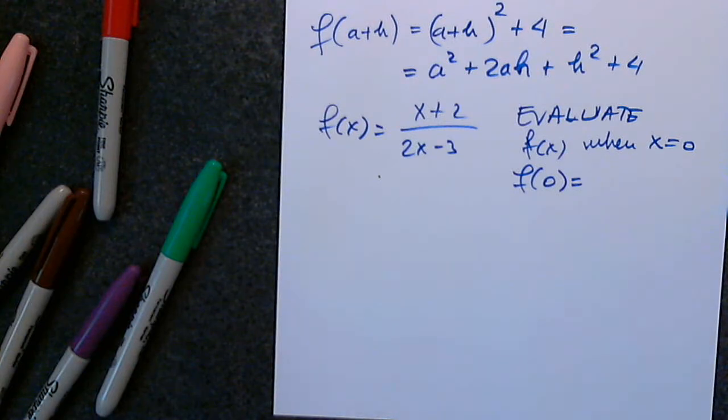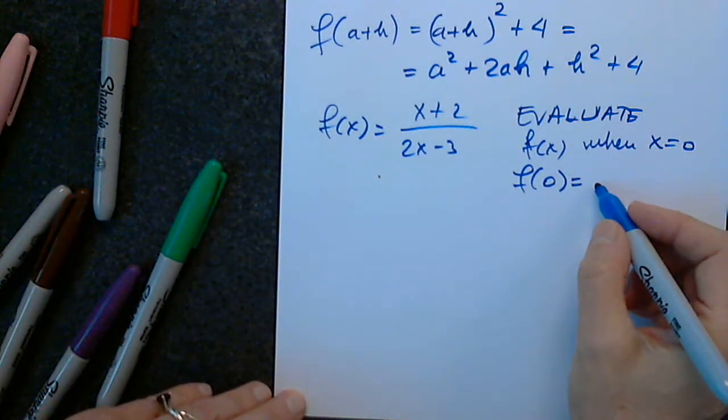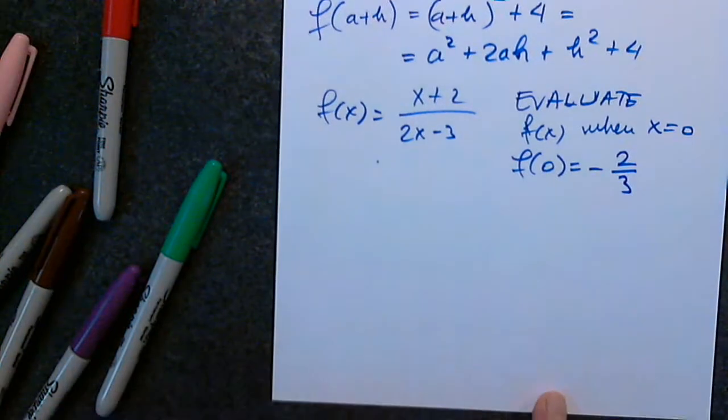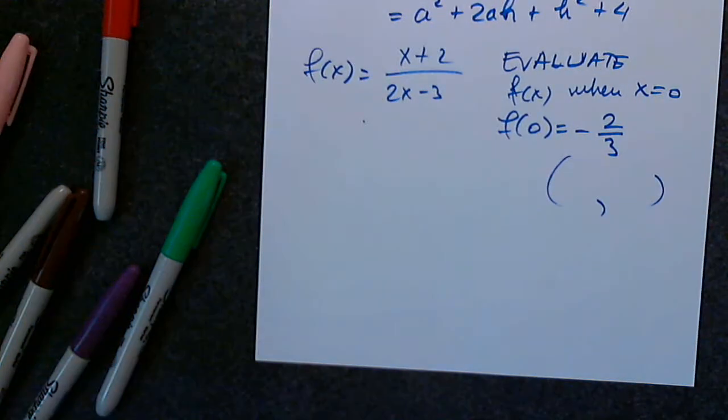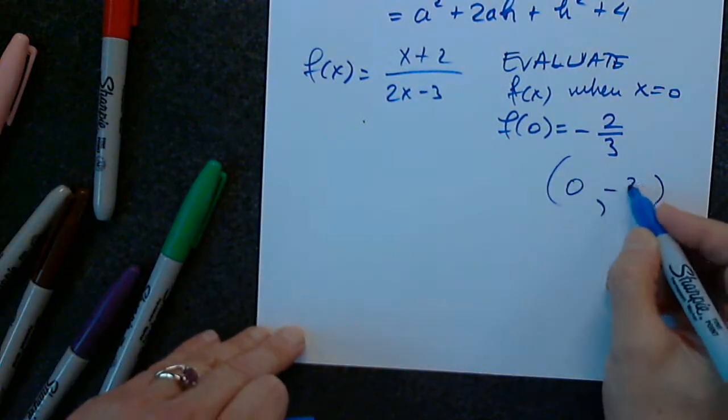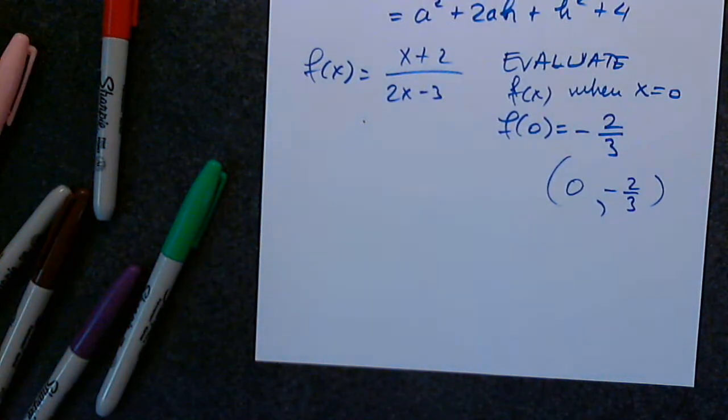I know what to do. I have 0 plus 2 over 0 minus 3, and the answer is negative 2/3. I'm going to ask you now, of course, what ordered pair is this? Right, 0 for x, negative 2/3 for y. Perfect.